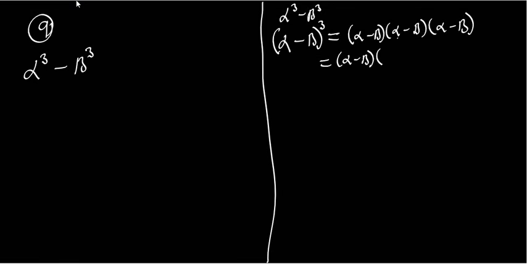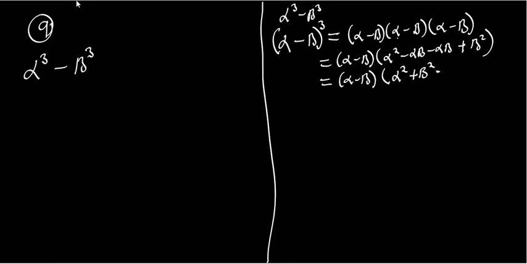I'll multiply this times that, it is alpha squared, then minus alpha beta, then minus alpha beta, then positive beta squared. So you have (alpha minus beta) like that, right? Then what you do here is alpha squared plus beta squared. What is the answer there? It's negative 2 alpha beta, like that, right?